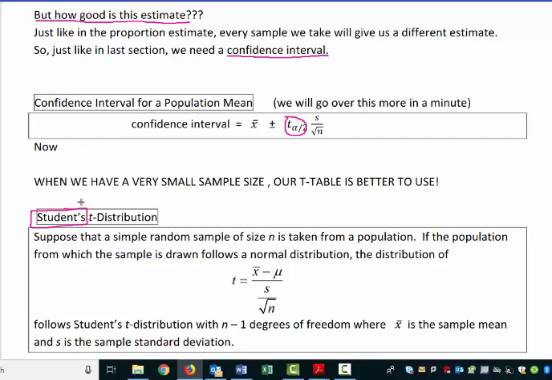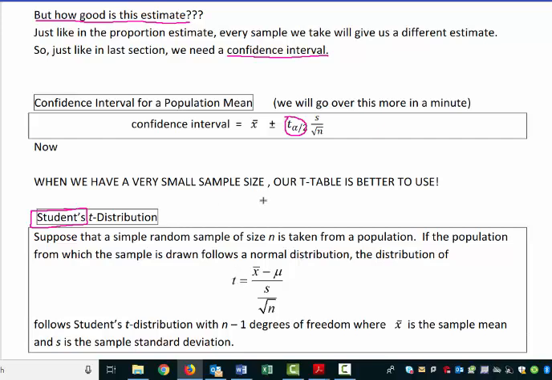He kept on using the Z to get a confidence interval, and once he knew the population number, he found that the population number kept on not being in there. So he wasn't very confident. So he actually came up with a whole brand new chart. That's what the T is.